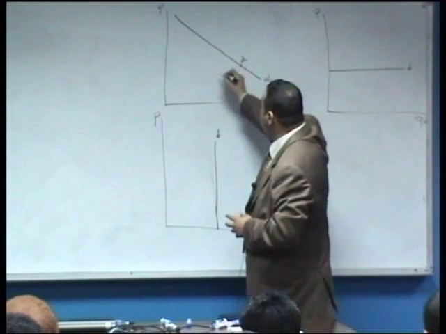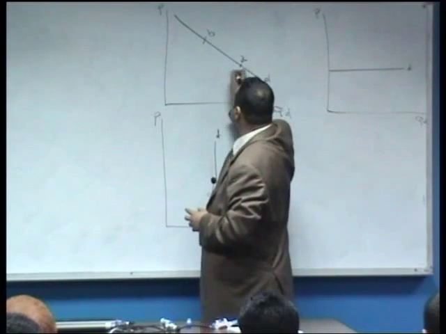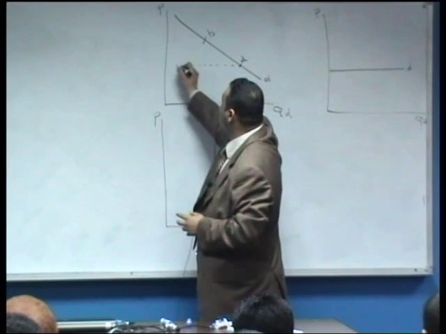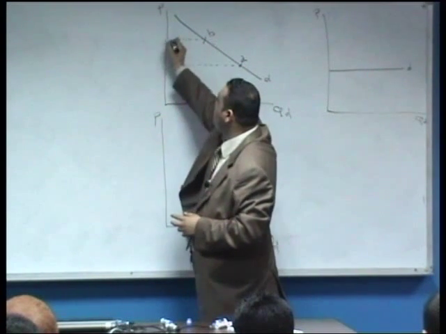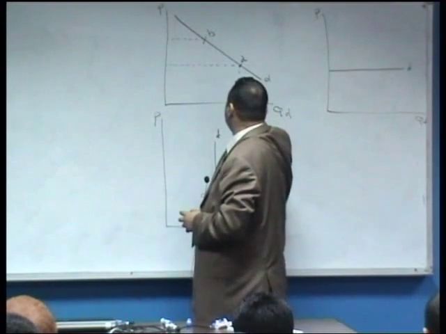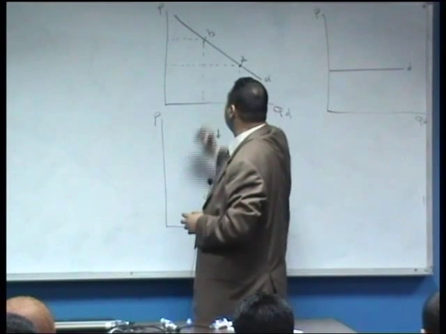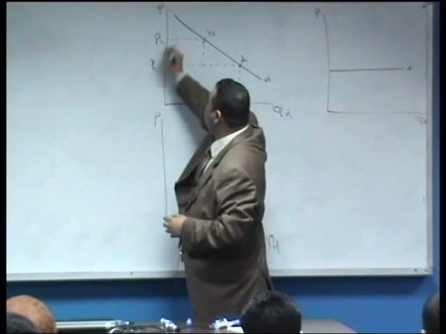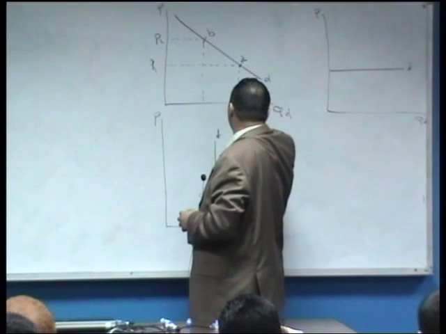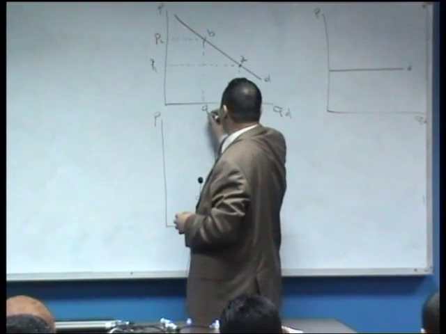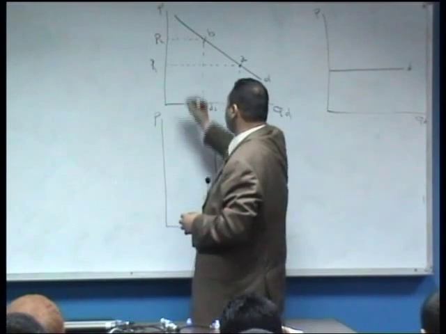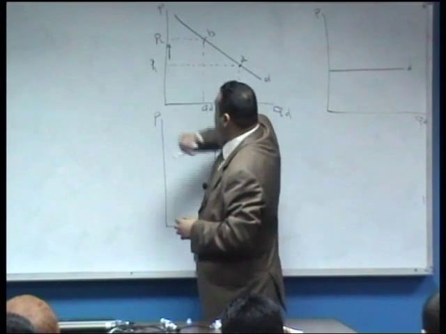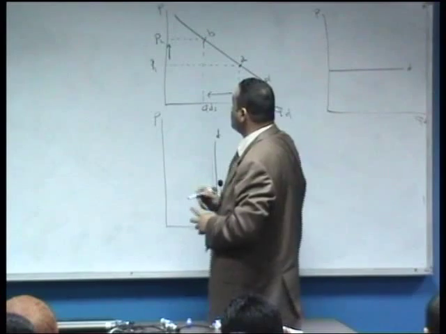Point A, B, P1, P2, QD1, QD2. Increasing the price, declining in the quantity demanded.